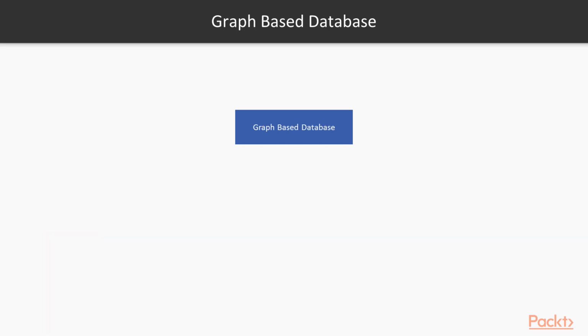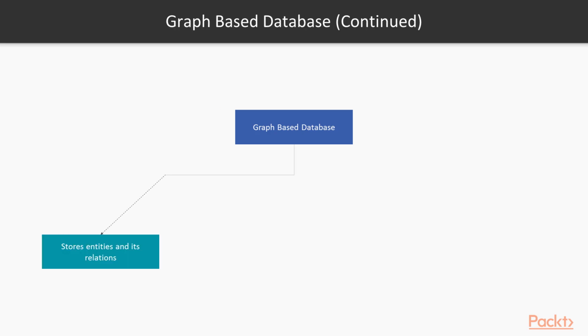Finally, we will take a look at the graph-based NoSQL database. A graph-type database stores entities as well as the relationship among those entities. Now, the entity is stored as a node, and the relationship between the nodes is stored as an edge. Every node and edge has a unique identifier.